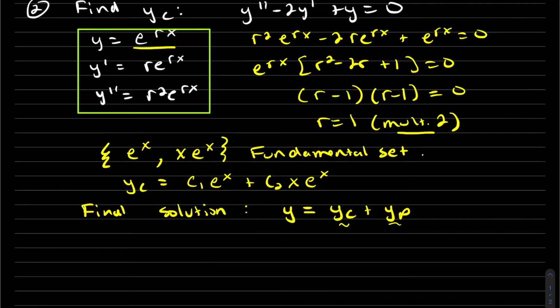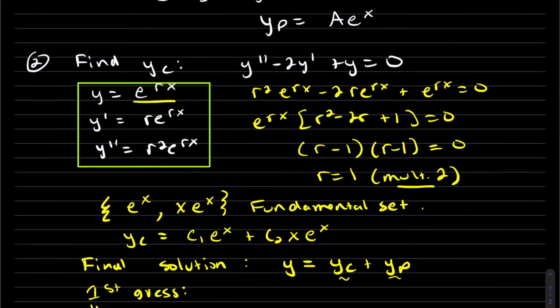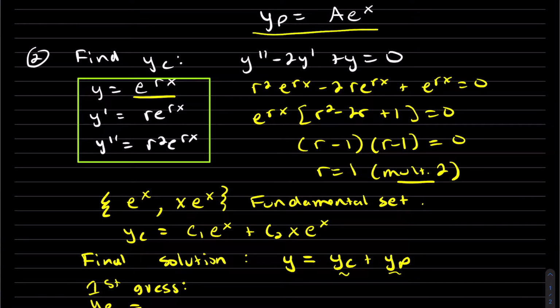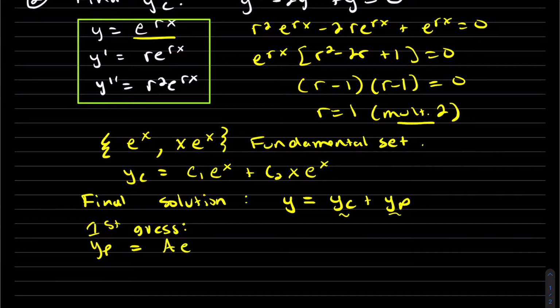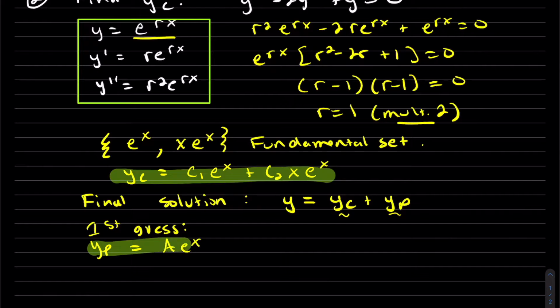If I look at my first guess of YP, which was right here, a e to the x, and if I add those together, what's going to happen to that YP? This term here will get absorbed into this term. That a and that c will be added together, and then our YP won't be there.